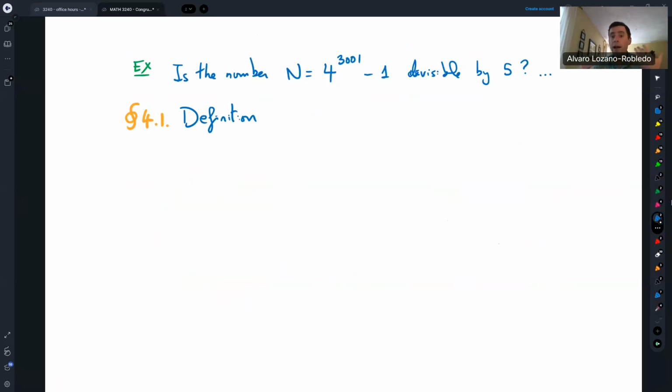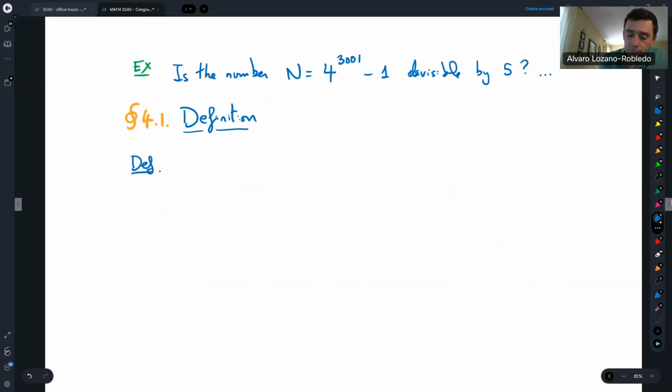Of course, before Gauss, Greek mathematicians were using remainders. But once you have this very powerful terminology and very powerful notation, you can get a lot farther than people had done before. So here's the definition of congruence.